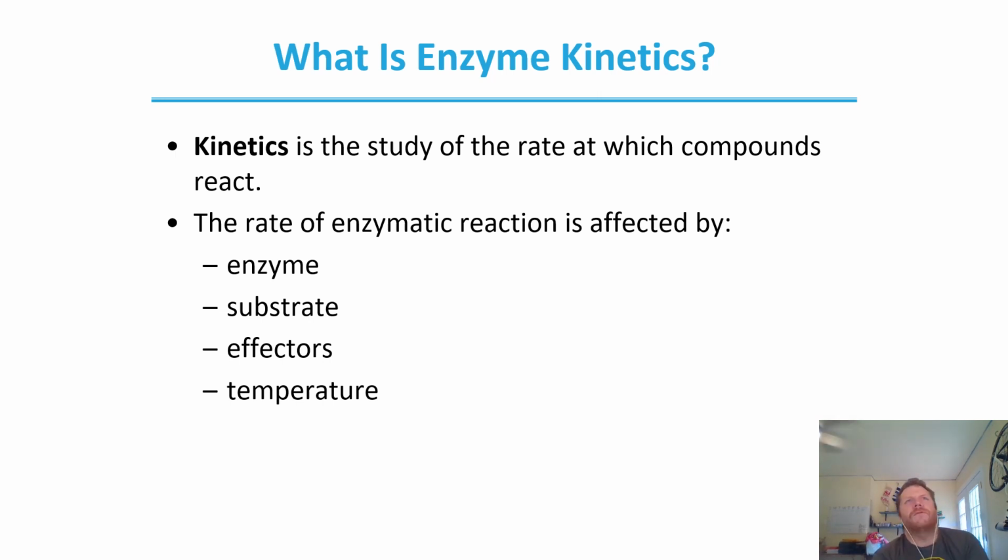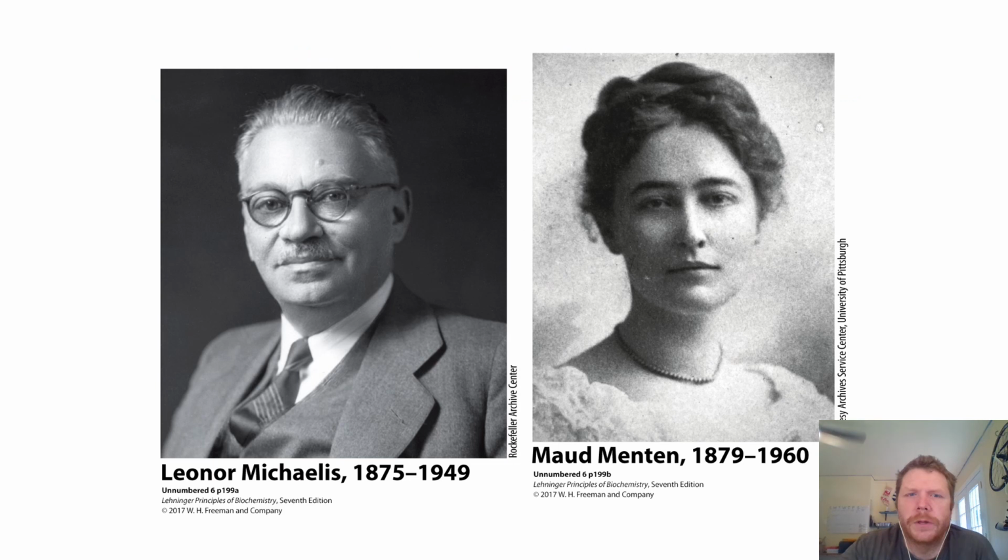Now, after you understand enzyme mechanisms and how they're going to move along, which there are later videos that display specific mechanisms, it's important to know about enzyme kinetics. Kinetics is the study of the rate at which a compound interacts. So the rate of enzymatic reaction is going to be impacted by the enzyme, the substrate, the effectors, and the temperature.